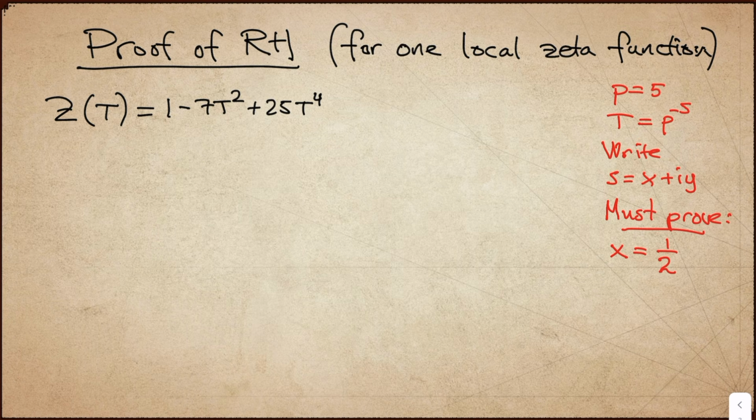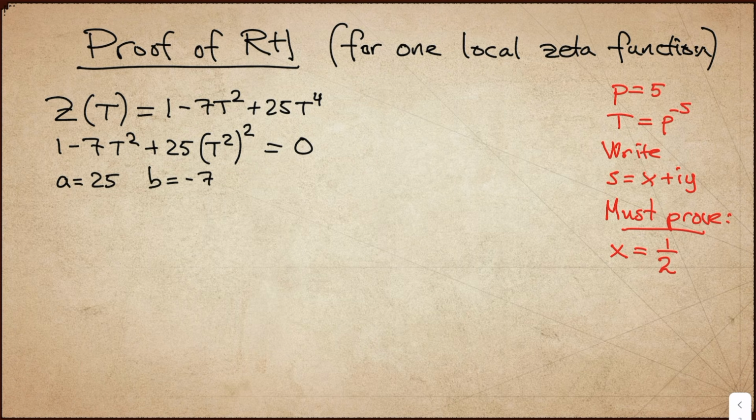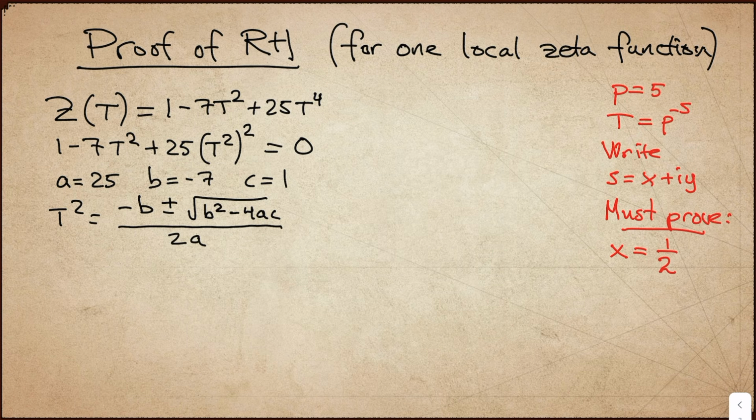To find the roots, set the zeta function equal to 0. That's 1 minus 7t squared plus 25t squared squared again equals 0. The quadratic formula gives a equals 25, b is minus 7, and c is 1. t squared, which is the unknown here, is then minus b plus minus square root of b squared minus 4ac, all that over 2a.